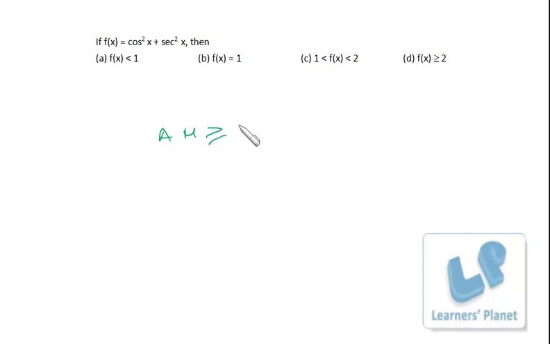See, AM is greater than or equal to GM. AM over here is the arithmetic mean of numbers, which is greater than or equal to their geometric mean, right? Or I can say geometric mean of the numbers is always less than or equal to their arithmetic mean. In just one case they are equal: AM is equal to GM if the numbers are equal, right?